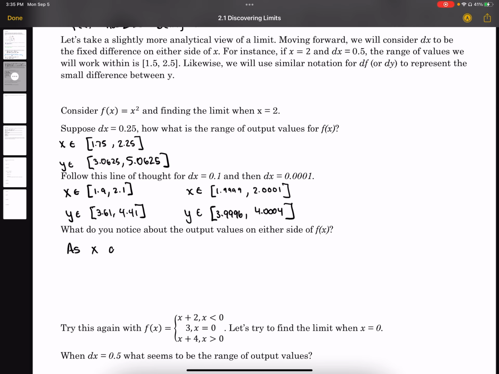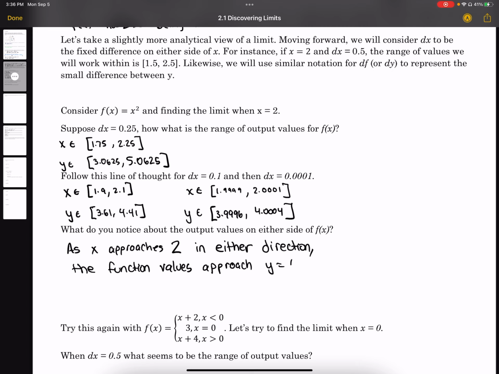As x approaches 2 in either direction, the function values approach y equals 4.